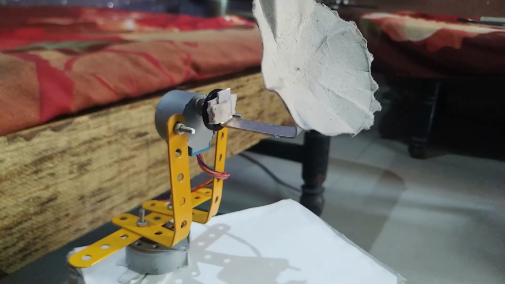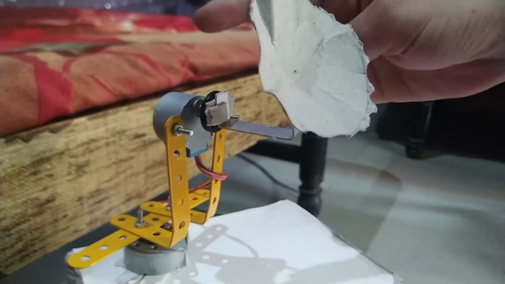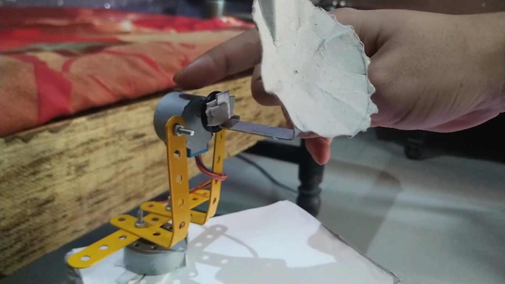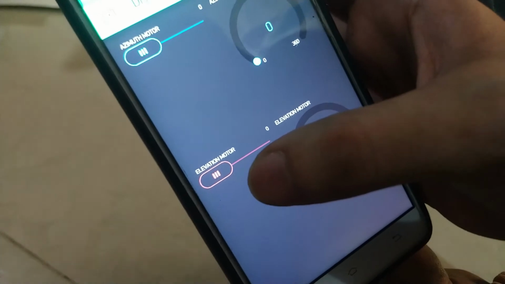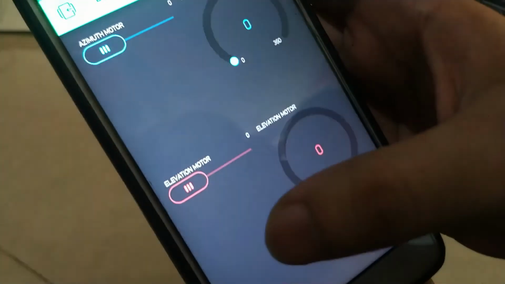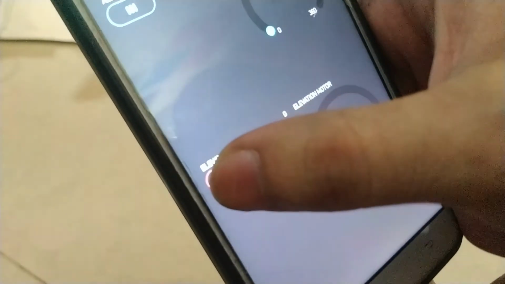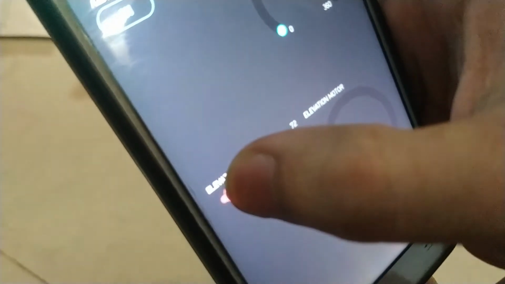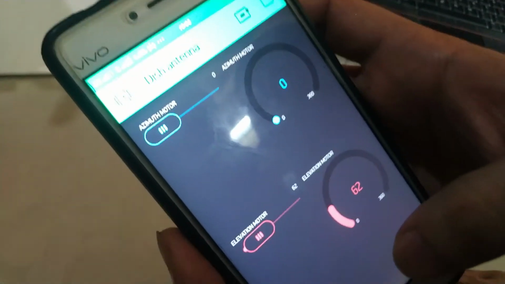Now we will set the elevation angle of this motor. Let's do it. Our elevation angle was 60.58 degrees. So we will set our elevation angle. This is our elevation angle.